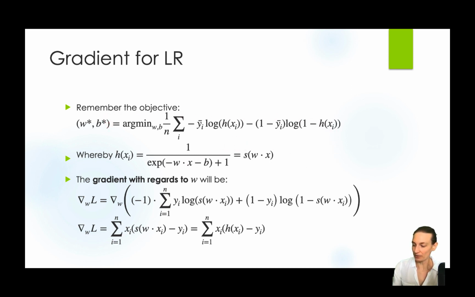We remember that we have our f(x), which we call h(x), which is the output of a sigmoid function. When we take the gradient with regards to w, so all of the coefficients, we get the following formula.